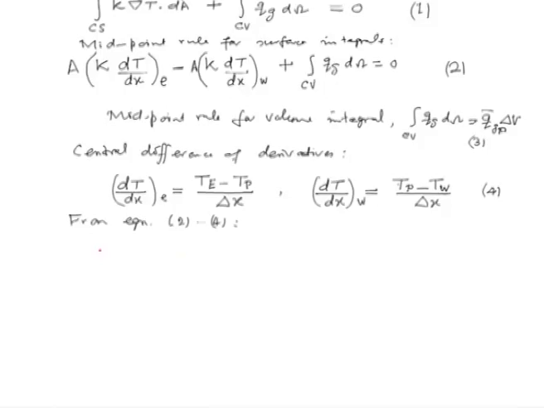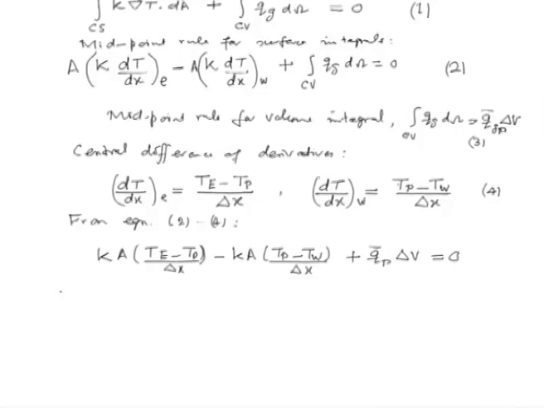K we have assumed to be constant, so K A times T E minus T P divided by delta x, minus K A times T P minus T W divided by delta x, plus Q bar P delta V is equal to 0.